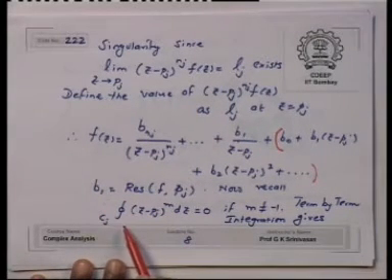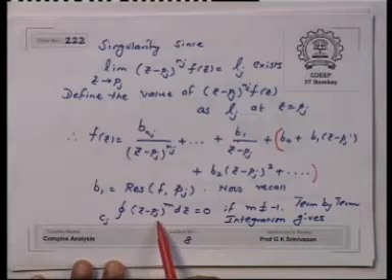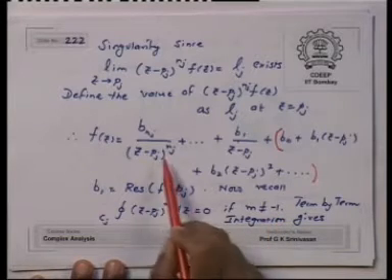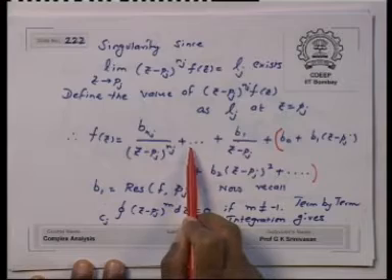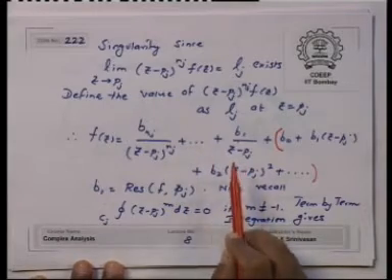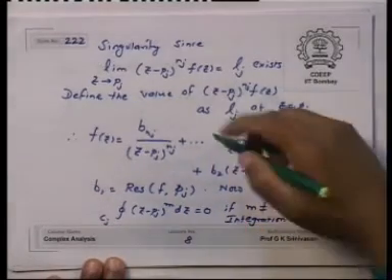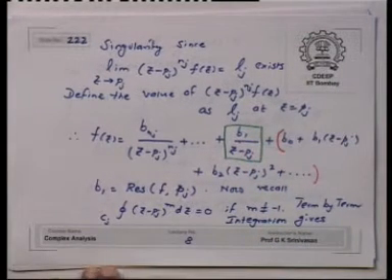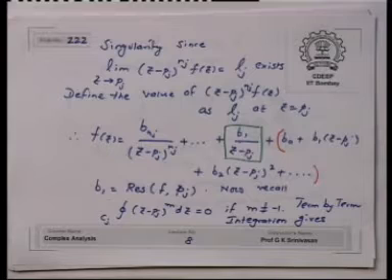The integral over Cj of (z minus Pj) to the power m dz is 0 if m is not equal to minus 1. So this is not going to contribute, the next one is not going to contribute, this is the only term that is going to contribute, and the value is 2 pi I times B1.